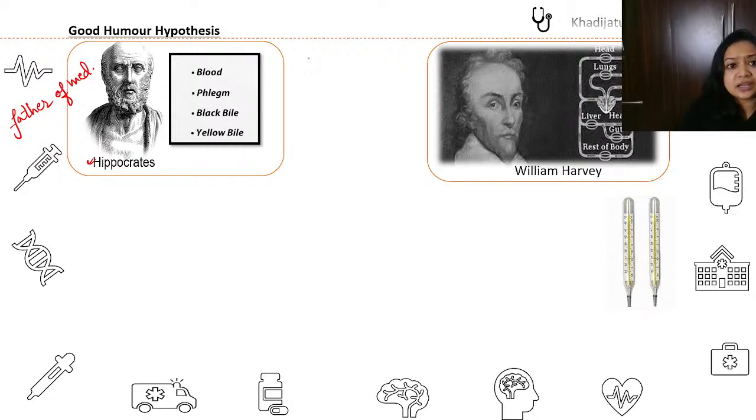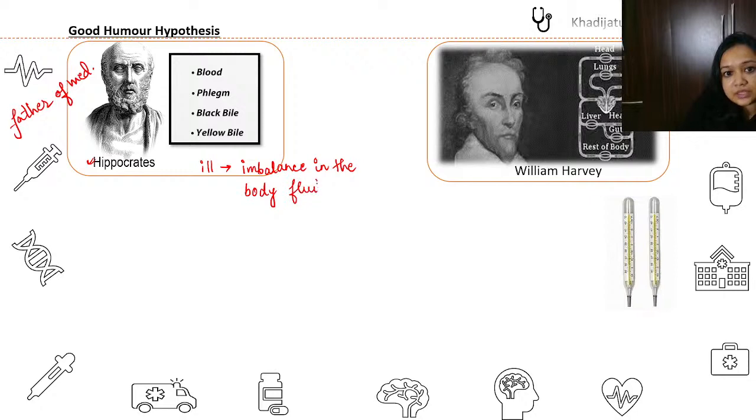But then, in such a society, Hippocrates came in and he said that no, anyone who is not well, who is ill, has an imbalance in their body fluid. Let me write imbalance in the body fluid.